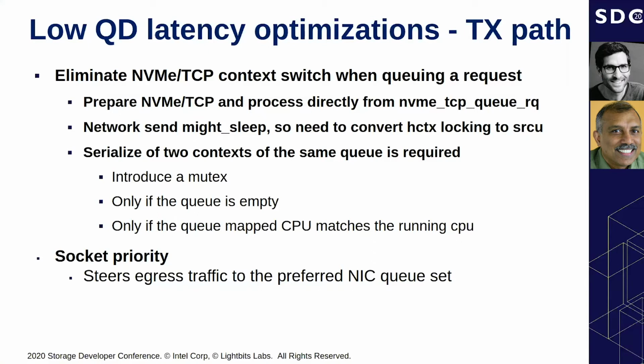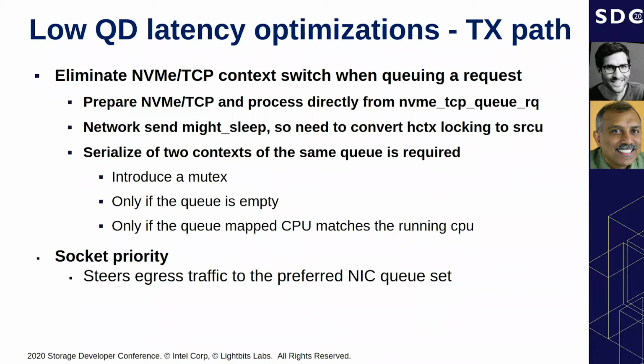To relieve the contention around this locking element, we only take this mutex if the queue is empty. I mean, if we already grew a queue with requests ready to be sent down to the network, we don't acquire the mutex. We just queue that command and let the IO context process that as well.